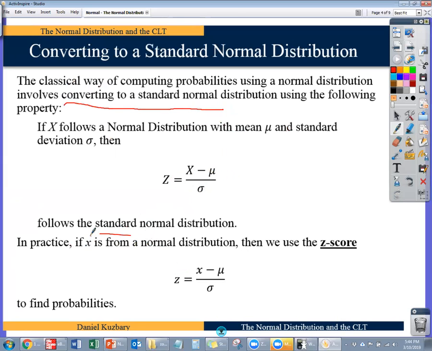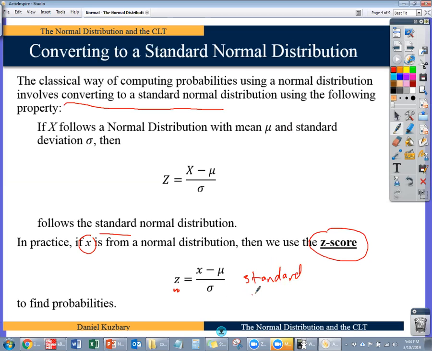Specifically, if x is a data value, just some little x that we pull out, then we can introduce an idea called a z-score. If x is a value, we can convert it to a value we'll call z by subtracting the mean and dividing by the standard deviation. At this point, I've said subtract the mean and divide by the standard deviation about 10 times. That's the method we're going to use to go from normal to standard normal. So this is standard normal.